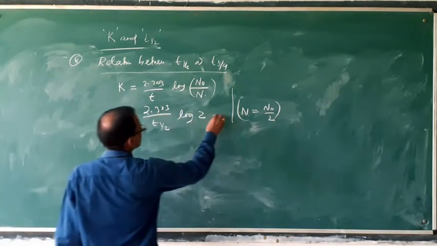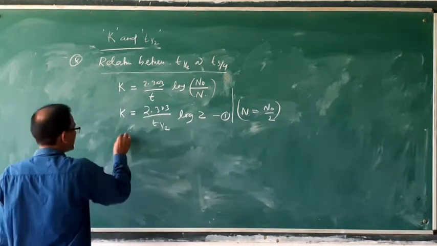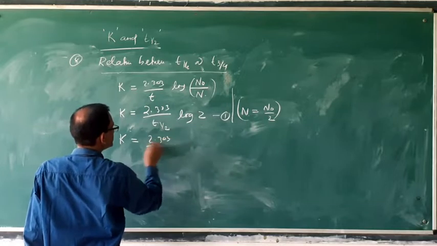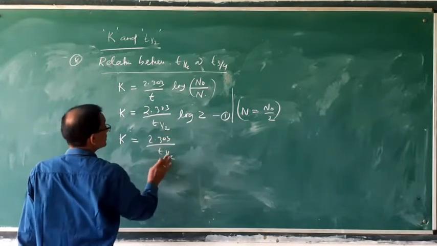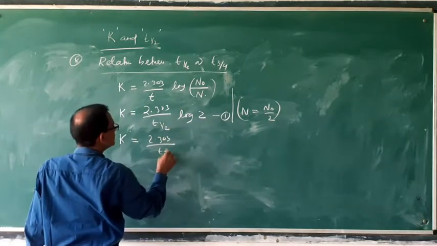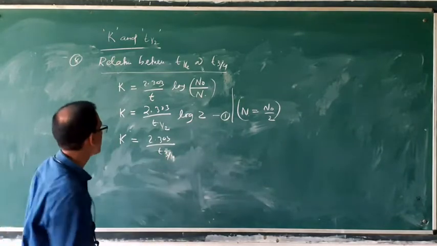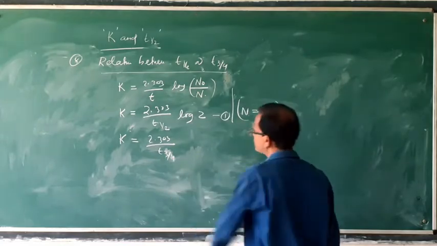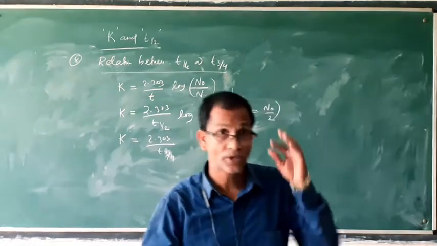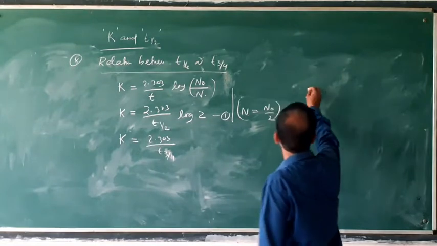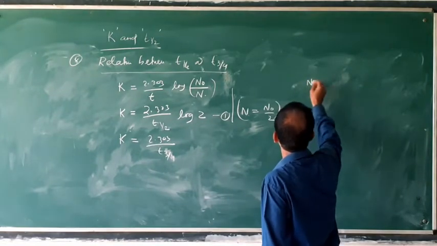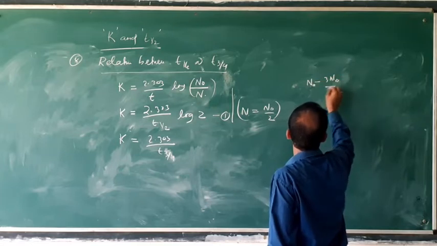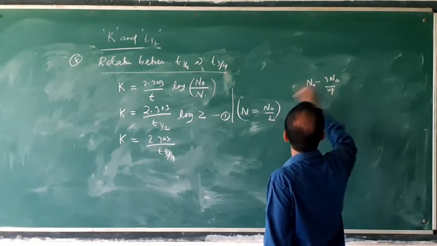Keep this as equation 1. Then the second data: K is equal to 2.303 by T 3/4. 3/4 is consumed. Suppose 3/4 of N0 is consumed.